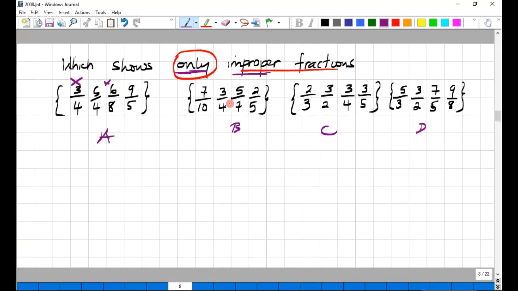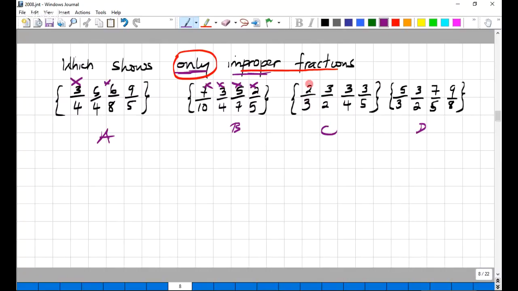All right. Let's go over to option B. What's that? 7 over, proper or improper? Proper. 3/4, proper. 2/5, proper. 5/7, proper.